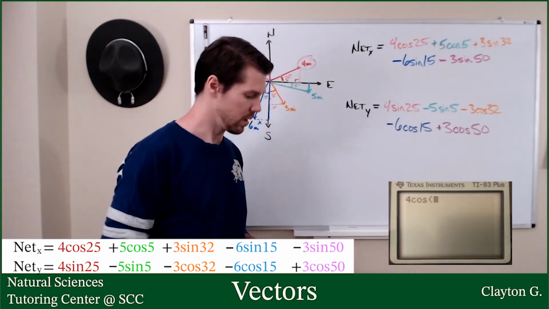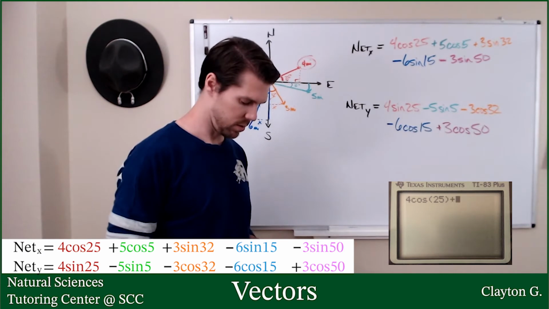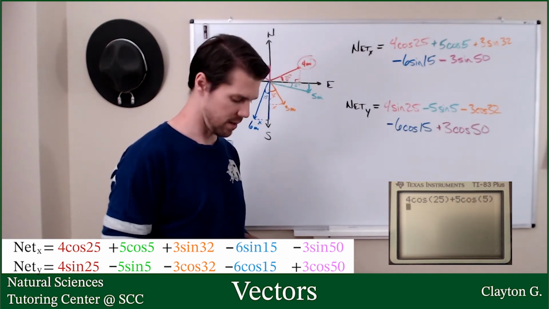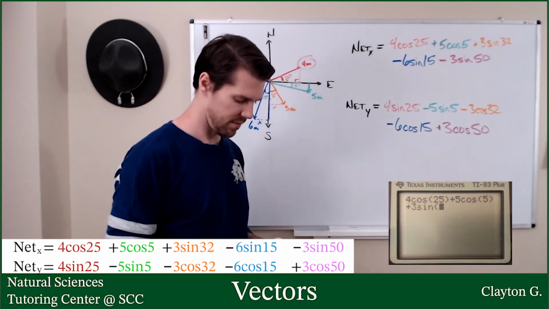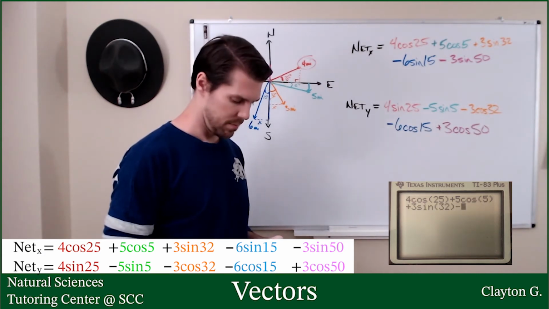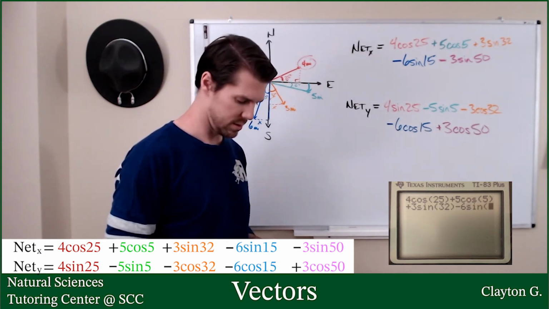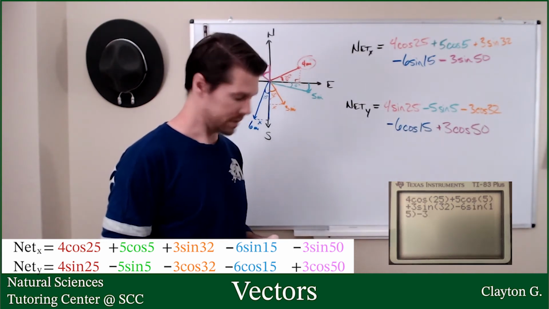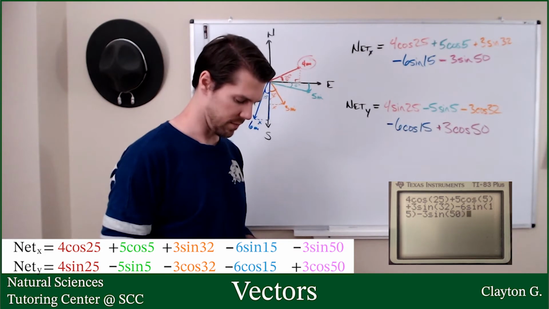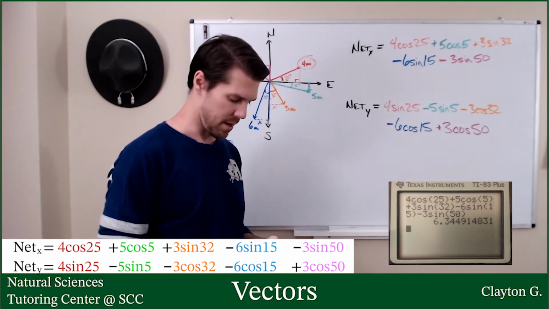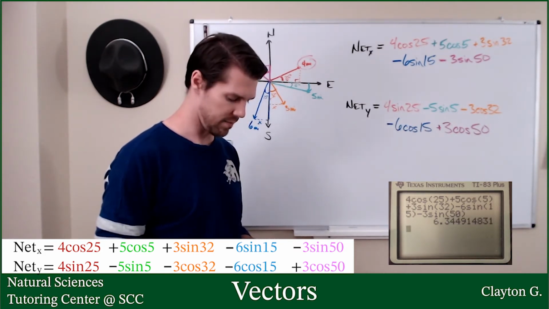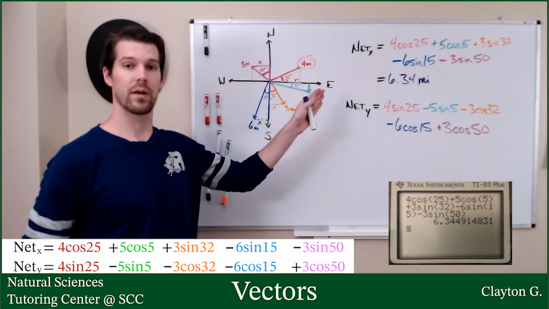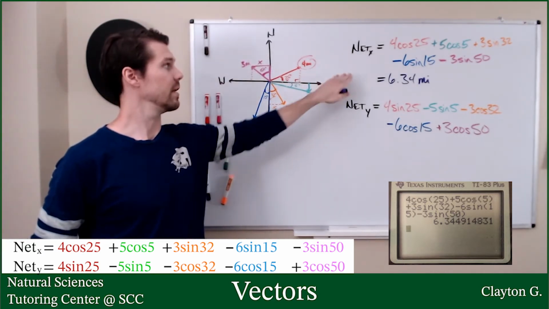So we have 4 cosine 25 plus 5 cosine 5 plus 3 sine 32 minus 6 sine of 15 minus 3 sine of 50 equals. All right, so that was 6.34 miles in the x direction.